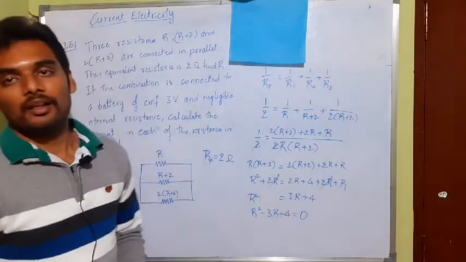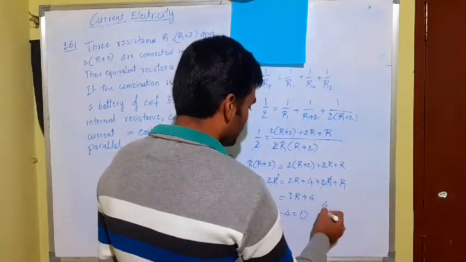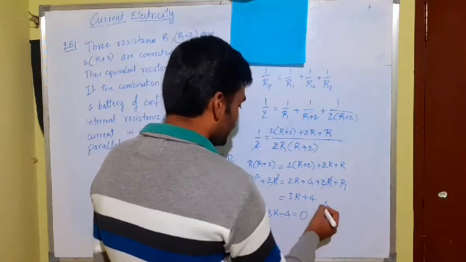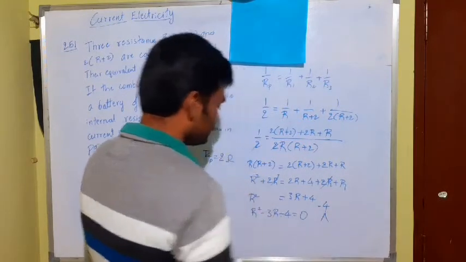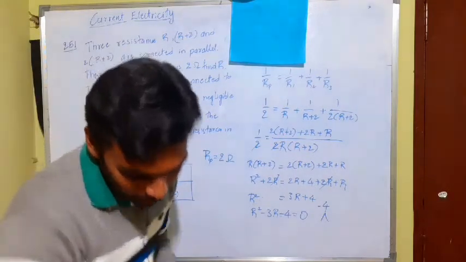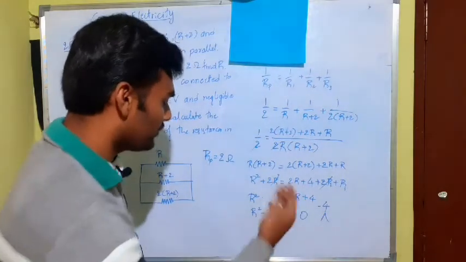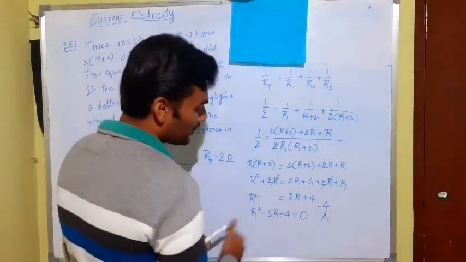Right. Let me look for the factors. Shall we get the factors? 4 minus 4. No, there are no factors which can be obtained directly for this. Minus 4, sure, can we get some? Yeah, we can get it. Minus 4 and minus 3 is what we need.